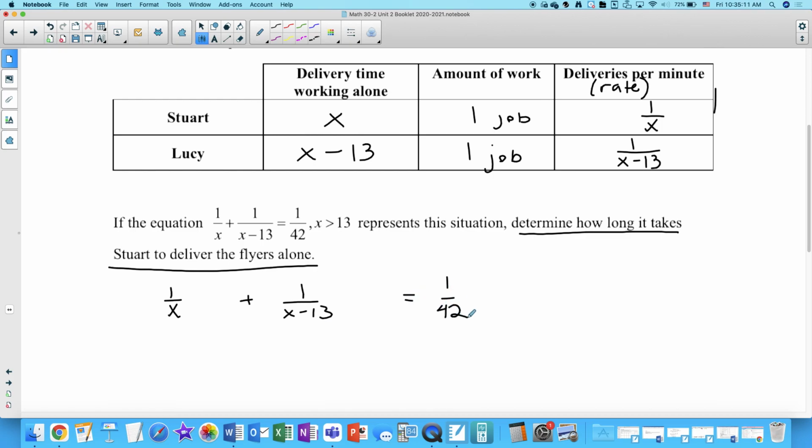In English, what this means is Stewart's rate plus Lucy's rate equals their rate together. That is sort of the half English, half math equation.